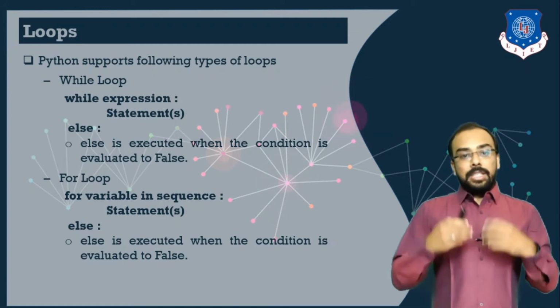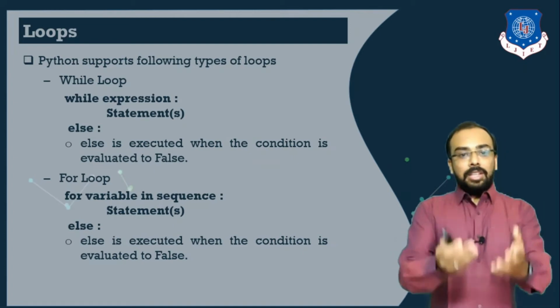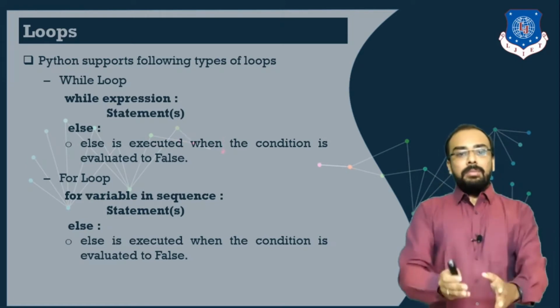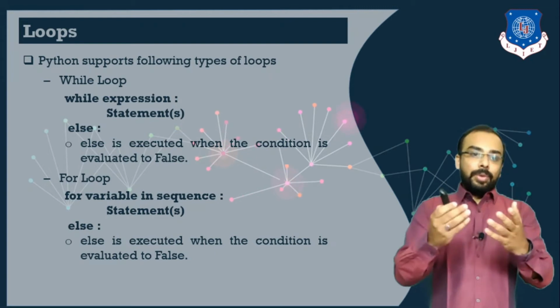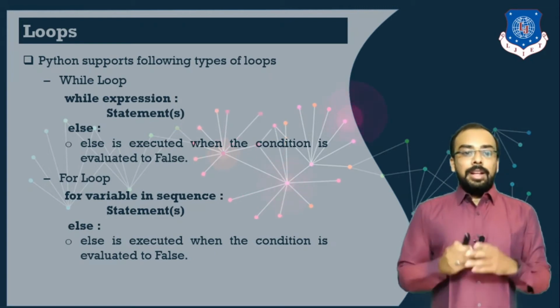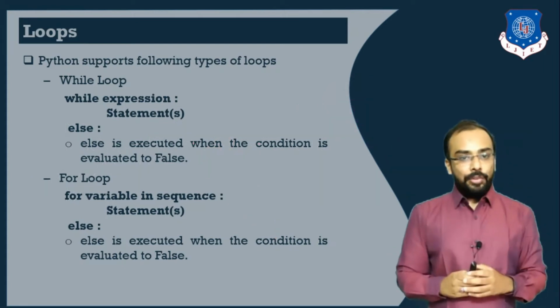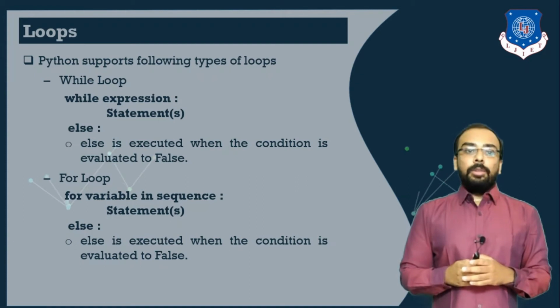To distinguish them from the remaining statements, Python uses the indentation method. The statements inside this will be treated as the body of your for loop. Again, Python provides an else statement with the for loop. This statement will be executed when the condition evaluates to false, and this is an optional block.